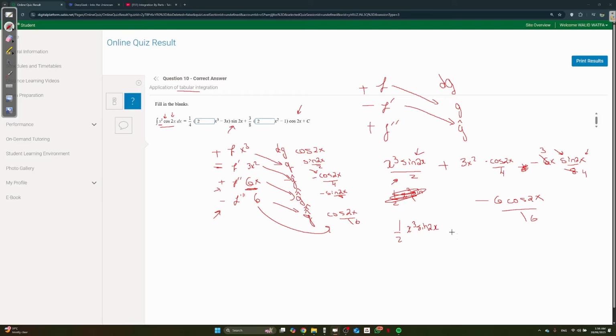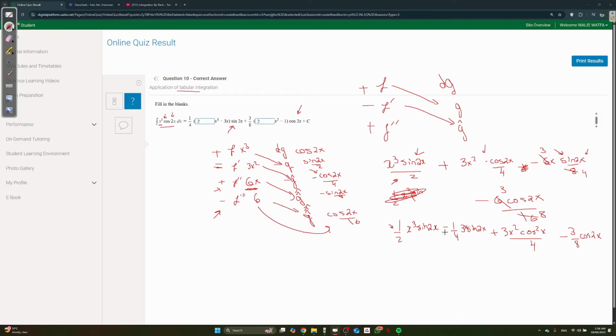And this here is minus 1 over 4 into 3x sine 2x, with the 1 over 4 outside. Then the rest, you have plus 3x squared cosine 2x over 4. This 6 and 16, we're going to make it 3 and 8. Minus 3 over 8 cosine 2x.